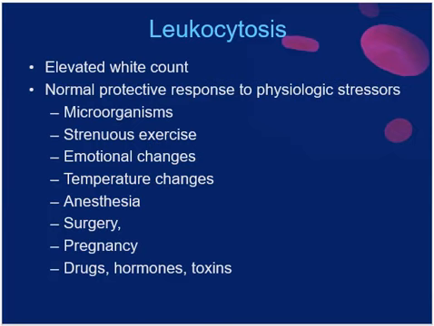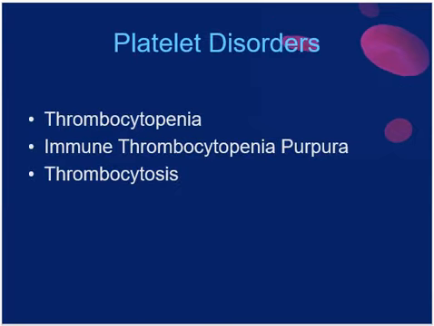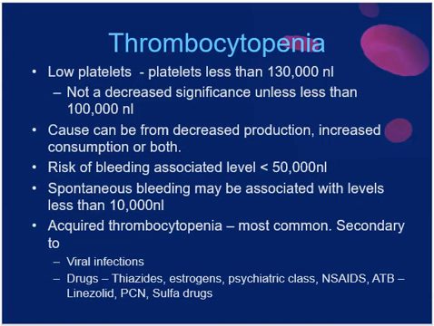Let's next go back to platelets, and we're going to briefly talk about three: thrombocytopenia, low platelets, immune thrombocytopenic purpura, ITP, and thrombocytosis. So thrombocytopenia is low platelets, typically less than 130. It's not of clinical significance unless your platelets are less than 100,000.